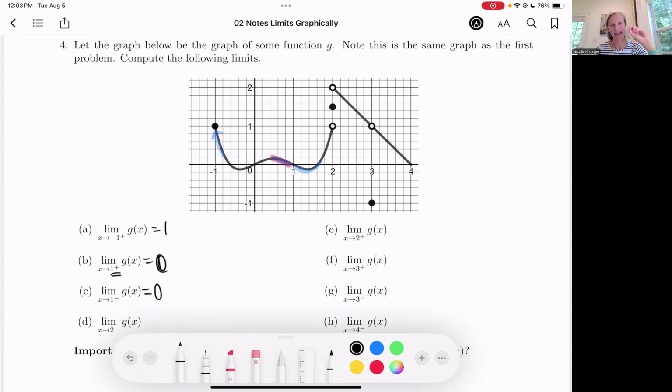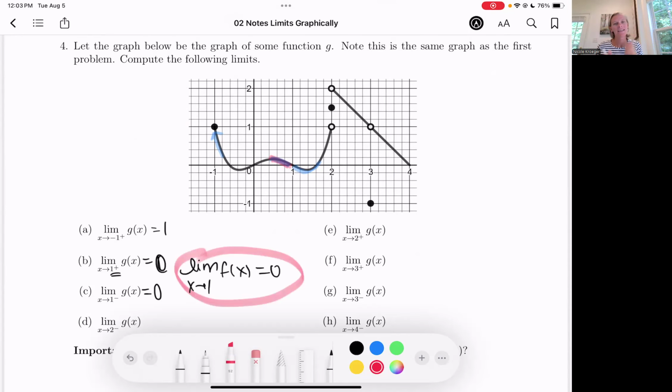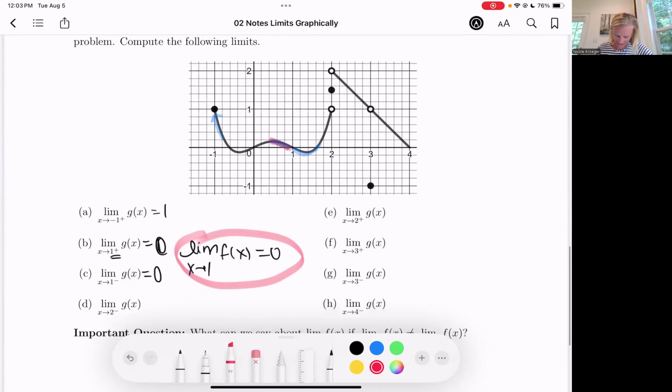We notice that the limit as x approaches 1 of f of x is just 0. And the left and right hand limits are also both 0. That's good. If the overall limit is equal to 0, then the left and right hand limits should do the same thing. The only time then the left and right hand limits might do different things is if the overall limit does not exist. Okay, which I think we're going to see here in just a second.